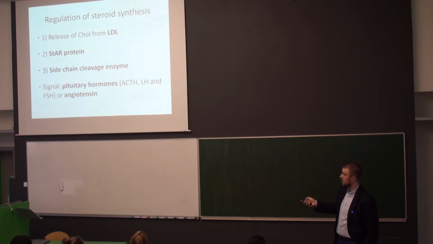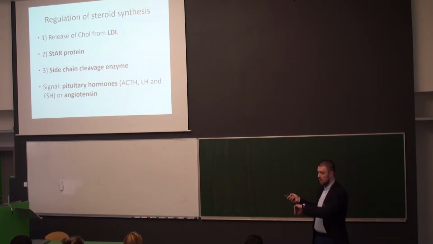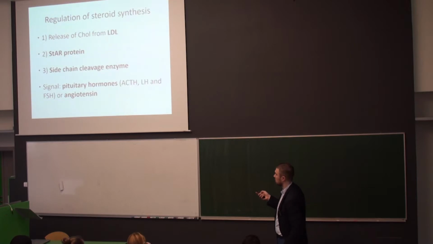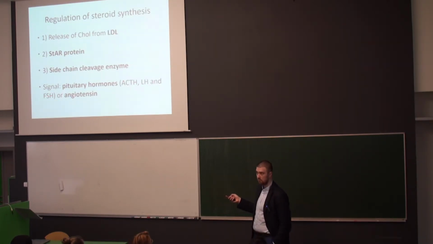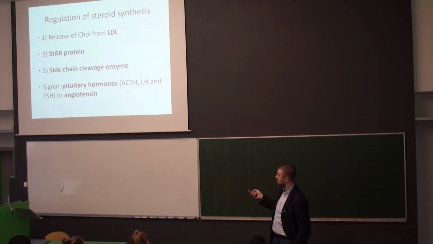That means it can be the pituitary hormones, for example, adrenocorticotropic hormone, luteinizing hormone, and follicle-stimulating hormone. Yes, adrenocorticotropic hormone sends the signal for cortisol. Luteinizing hormone sends it for progesterone and for testosterone, and follicle-stimulating hormone sends it for estrogens.